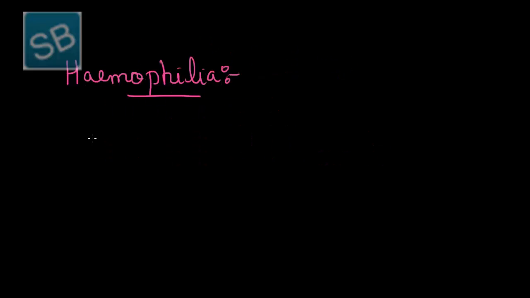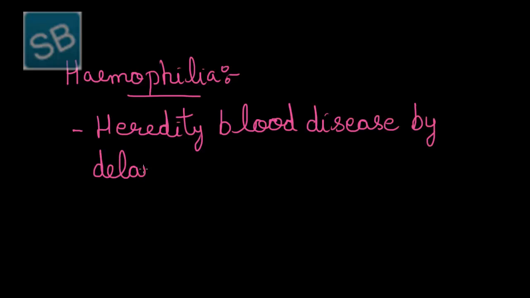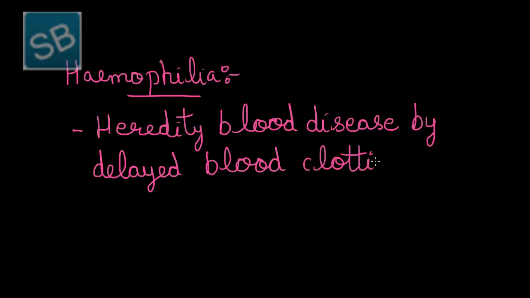Hemophilia is actually a hereditary blood disease that occurs by the delayed blood clotting process. That is, the blood clotting process that occurs late or in a delayed manner results in hemophilia.